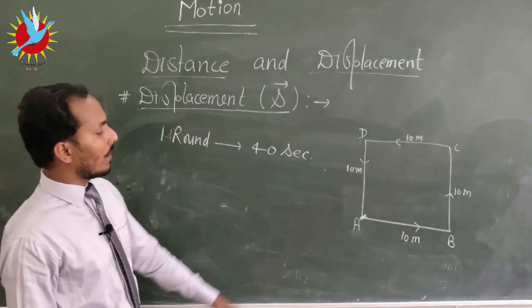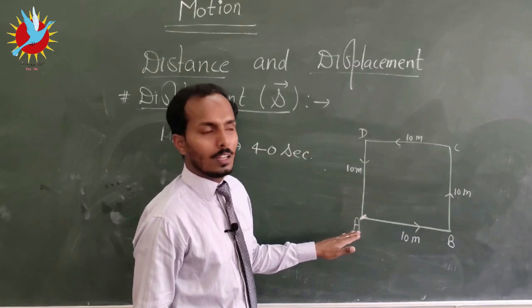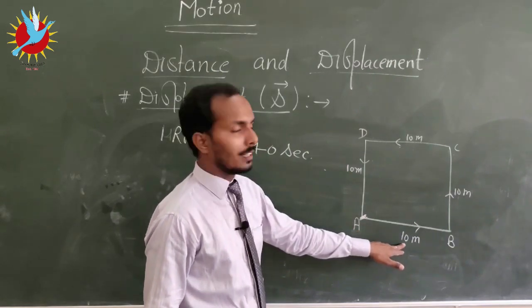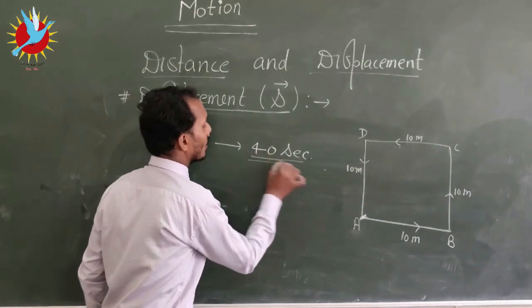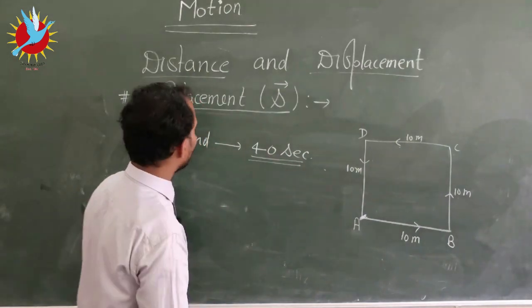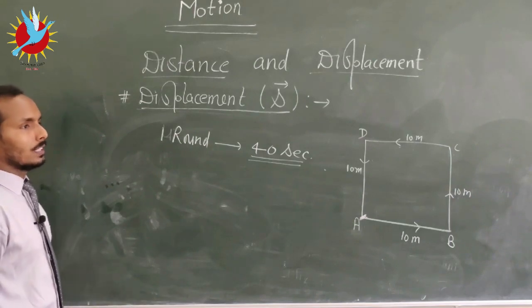A farmer walks around the corners of a square field of side 10 meter, and the time taken by the farmer is 40 seconds for one round.